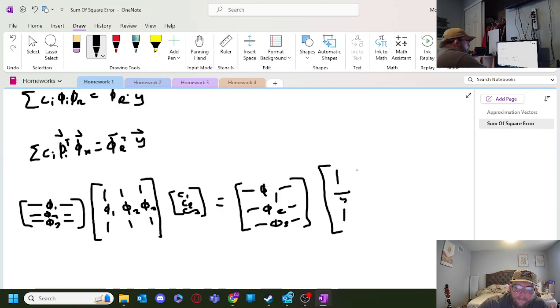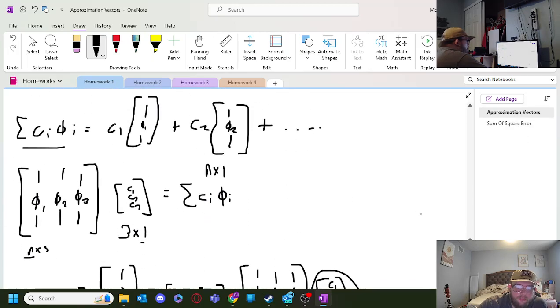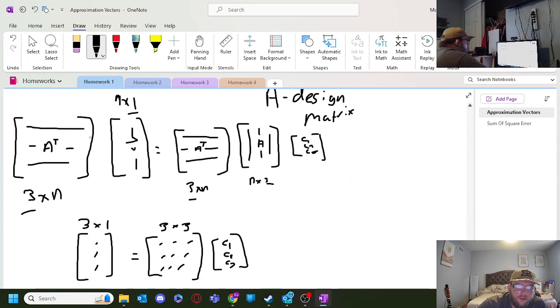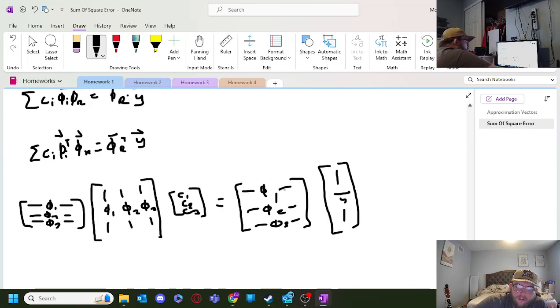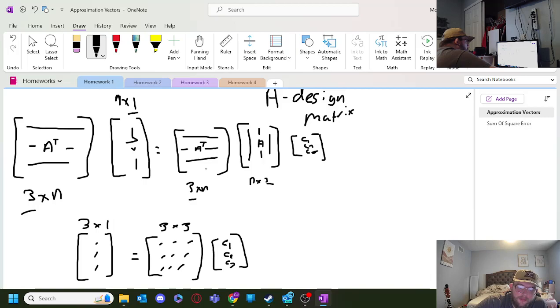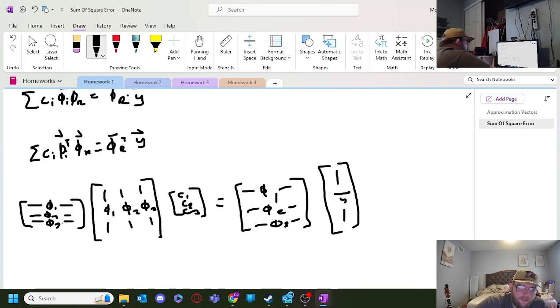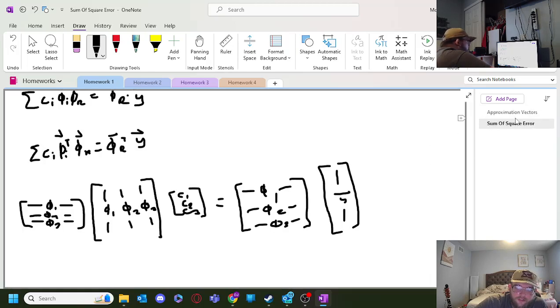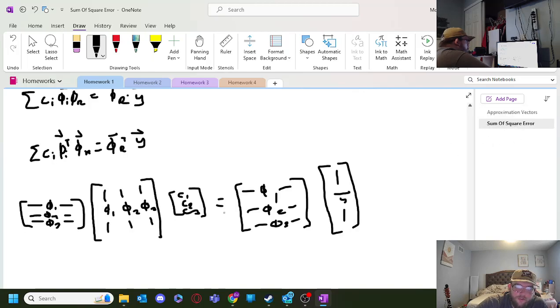Now, if you notice something, look at this equation, memorize it. Let's go back to the bottom of ours. We have our transpose of our design matrix times our knowns, and our transpose times our design matrix multiplied by our coefficients.